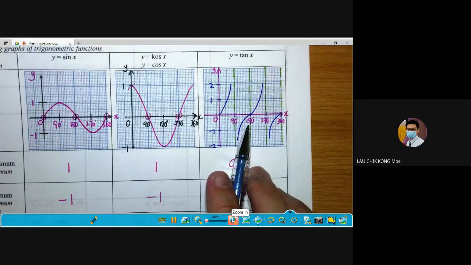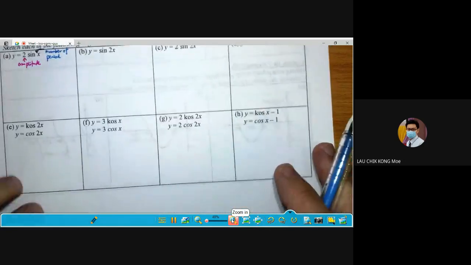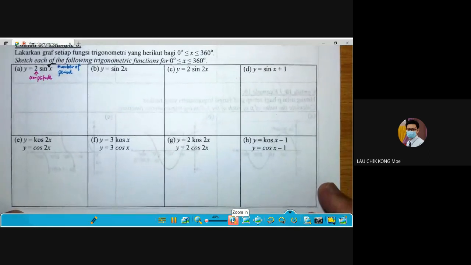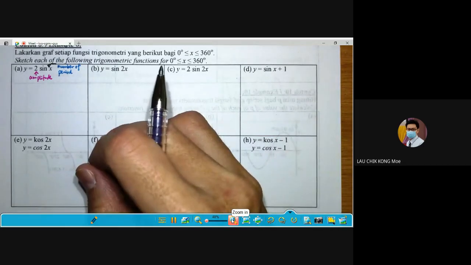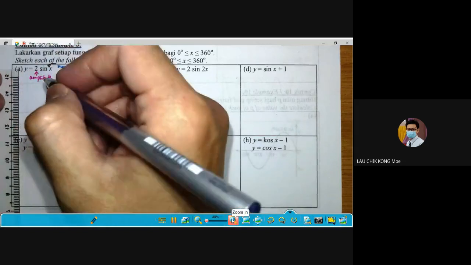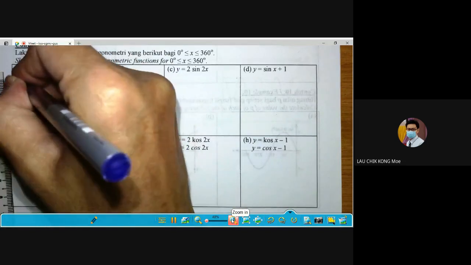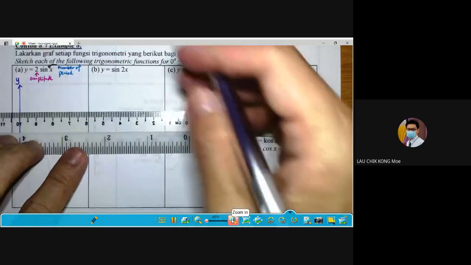Satu ayunan lengkap macam inilah. Okay, so now we continue. For this example, our amplitude is 2, and then the number of periods is 1. Okay, so this is the same as the graph above. So first of all, you draw the y-axis, and then you draw the x-axis using a ruler.